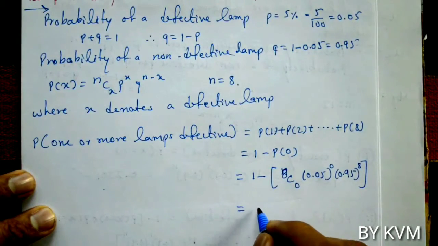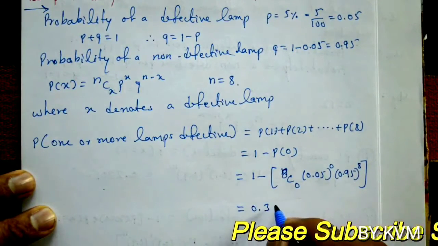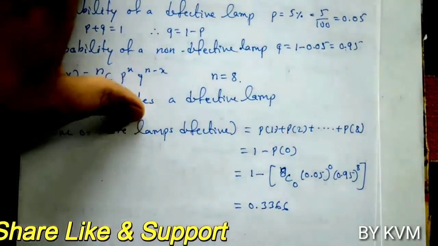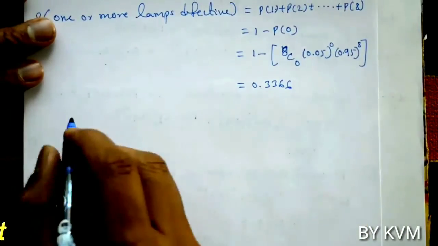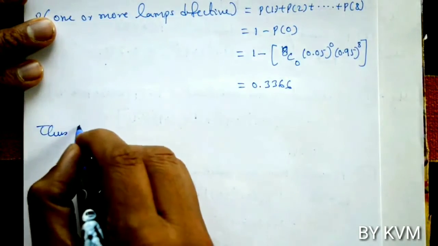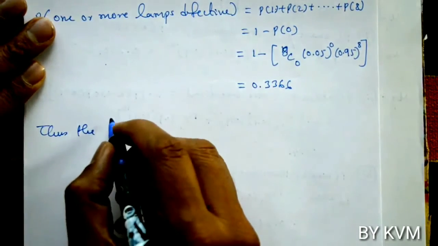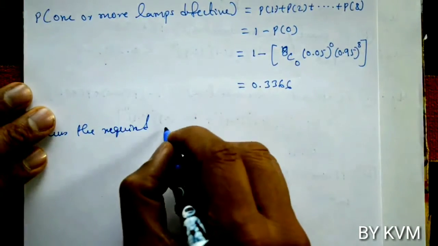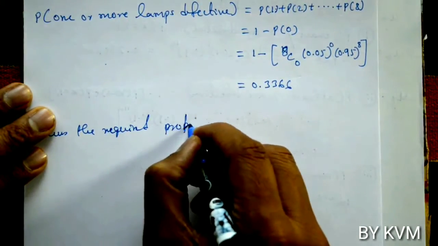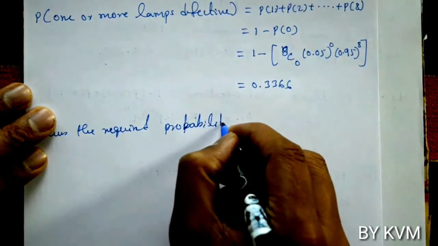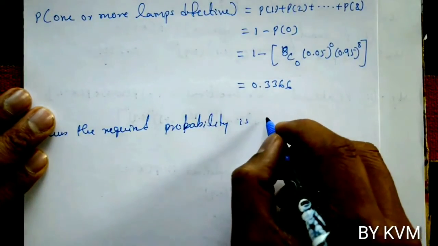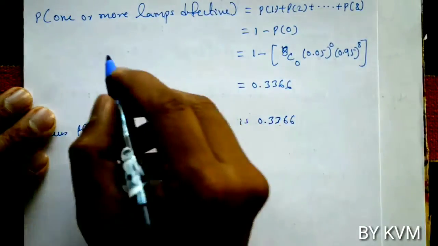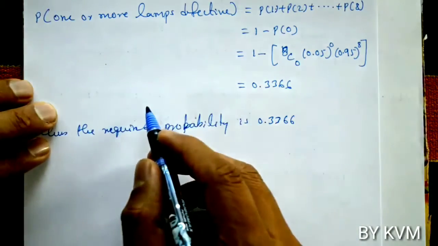So now using the calculator we get 0.3366. Thus the required probability of one or more lamps being defective out of 8 is 0.3366.